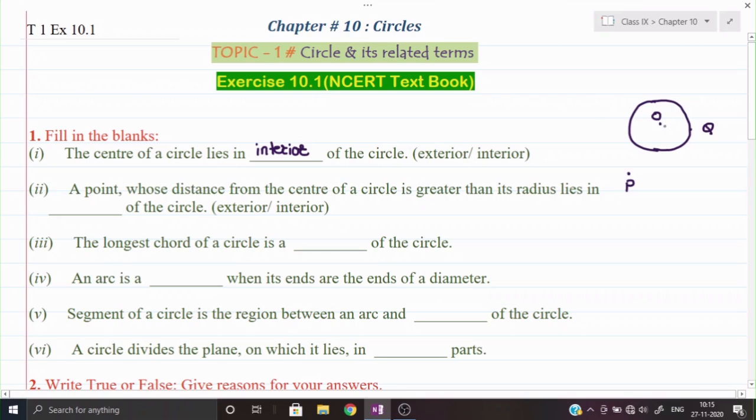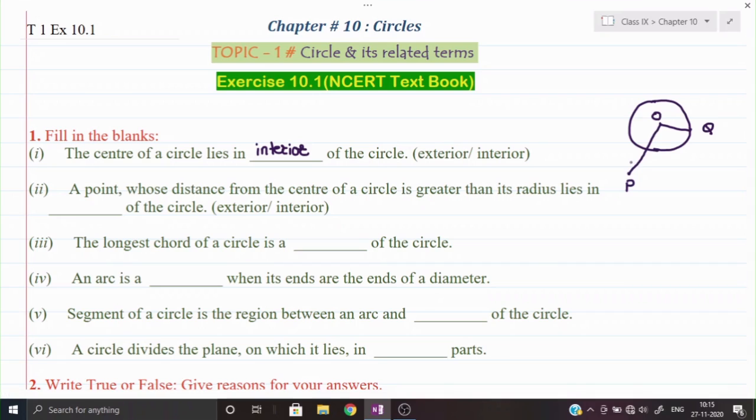Now you observe, OQ is clearly the radius of the circle. If I join O to P, then you observe the point P lies outside the circle, so its length is greater than the radius.